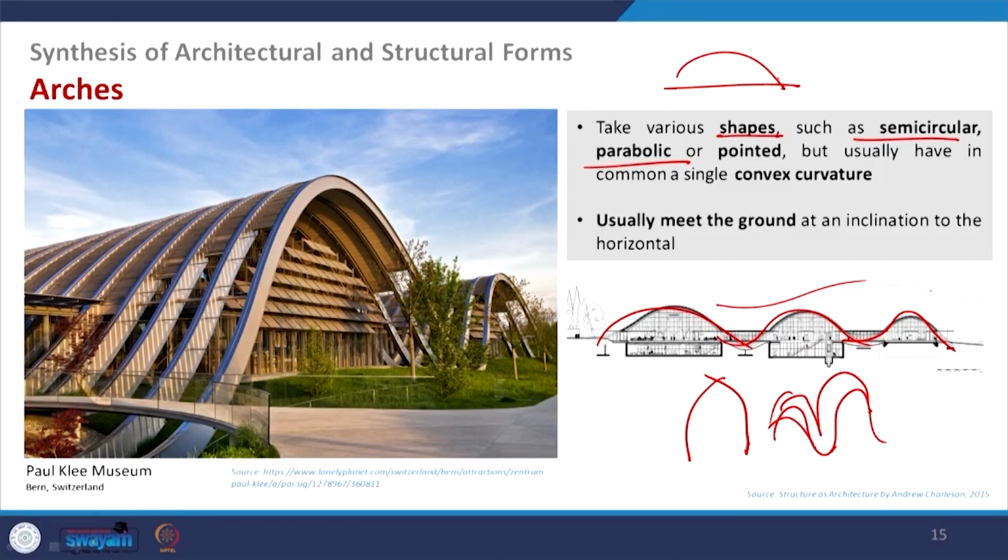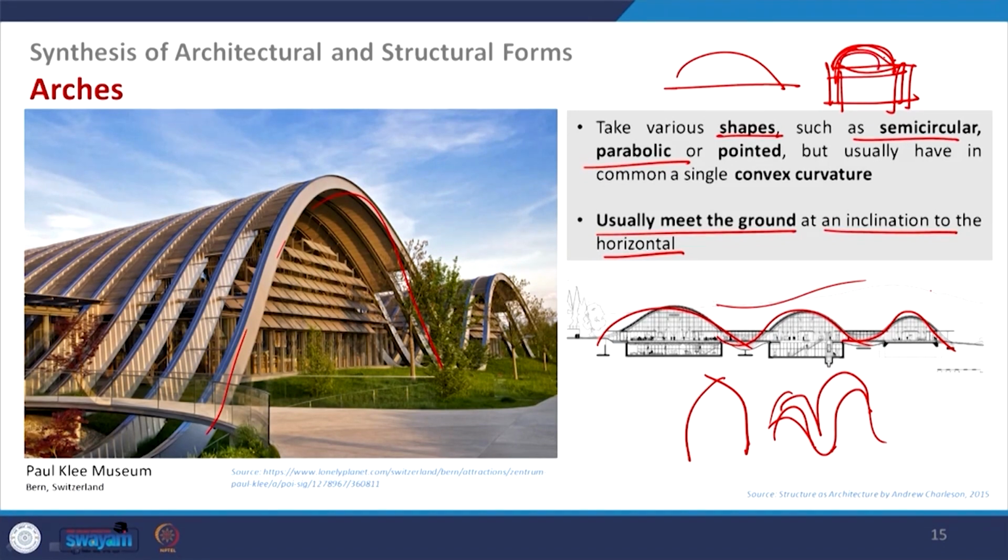There also we have seen that domical structure, which usually meets the ground at an inclination to the horizontal. Sometimes it is a combination, with a rectilinear form and on top of it arches or something in a domical form.